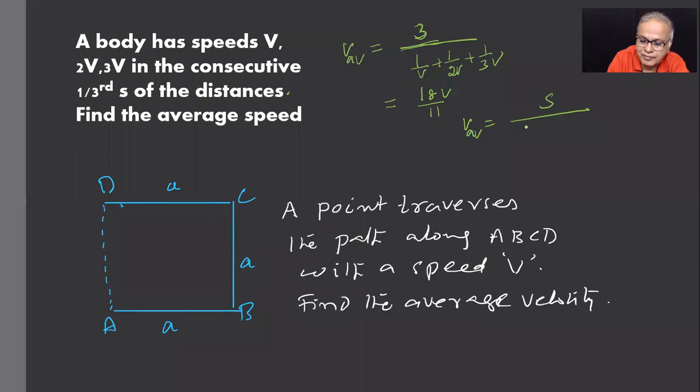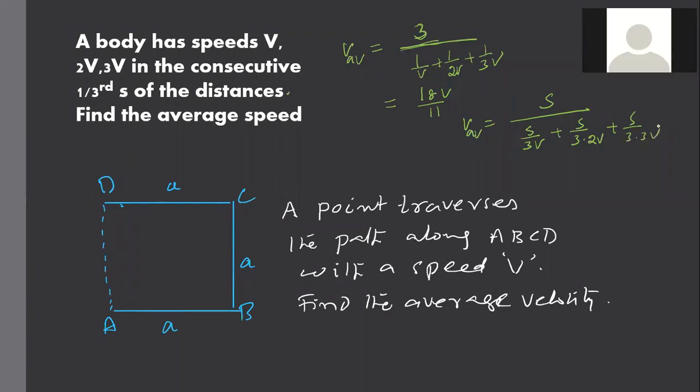S by 3V plus S by 3, 2V. Am I right? S by 3 into 3V. So it is 3V, not becoming the same thing. Tell me. People should speak.